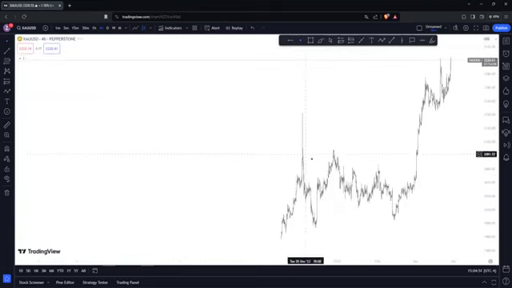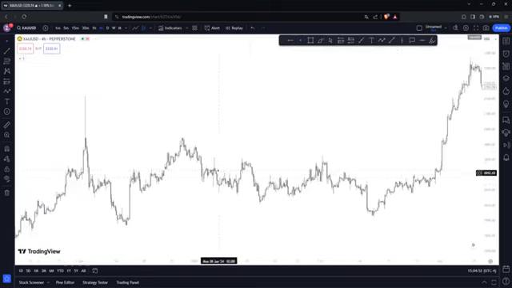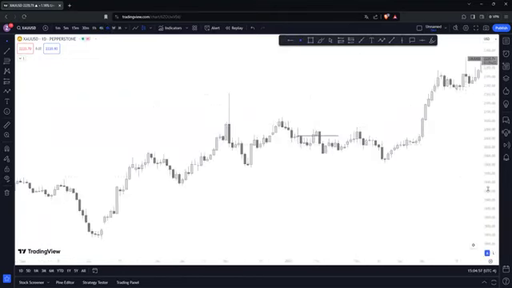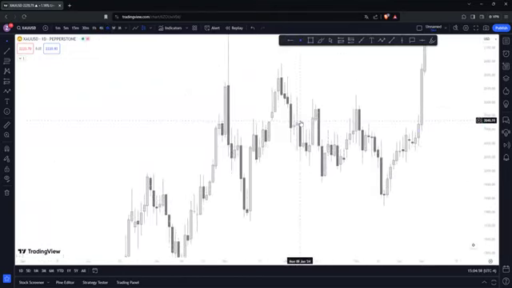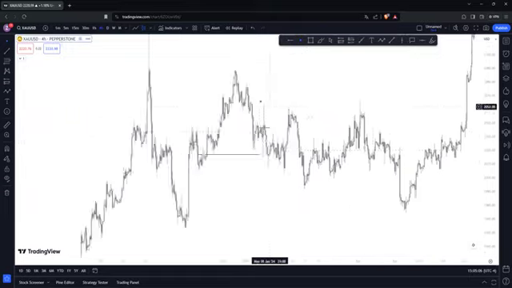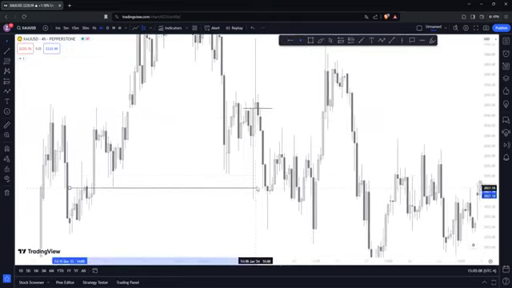Where was it? Okay, so we had the daily reject daily from below right here. Okay, daily reject daily. And the H4 breakout happened.